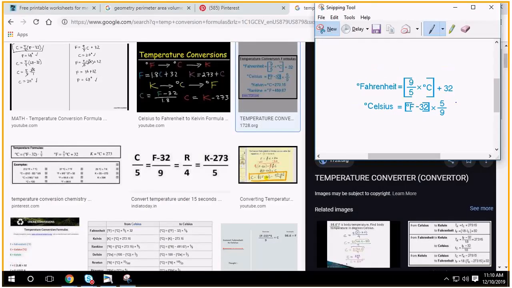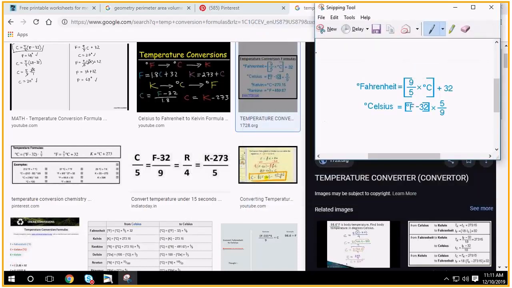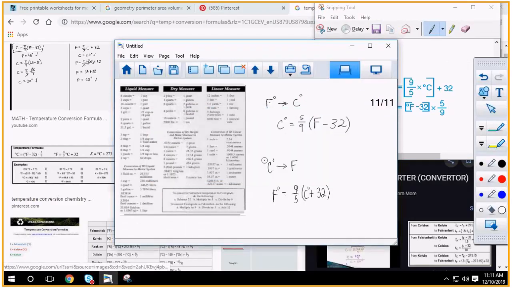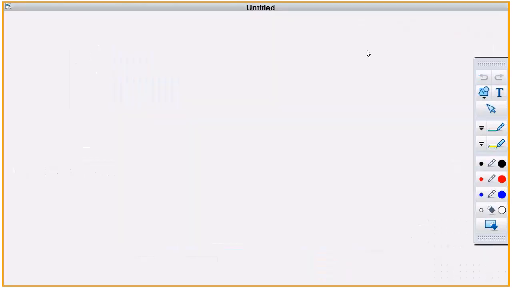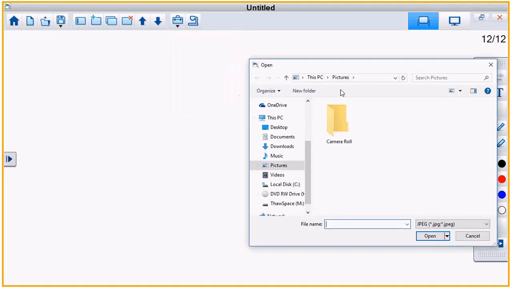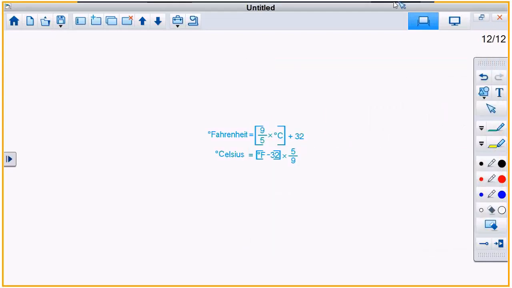There we go. Save as temp. Now that's a whole lot easier to look at. So let me just clear this and bring that in, and that way you can use it and put it in your notes for later on. There you go. And I'll make it a little bit bigger for you.